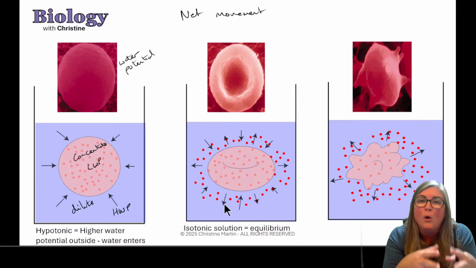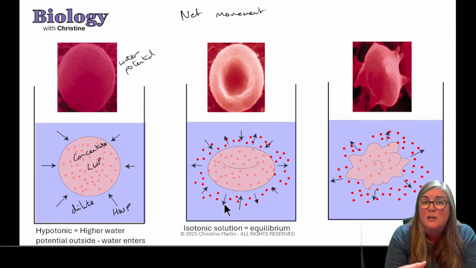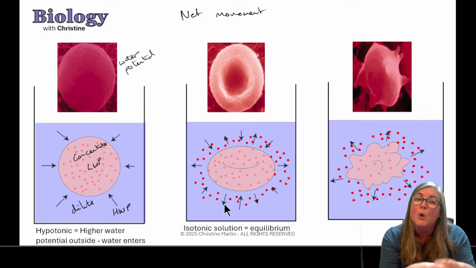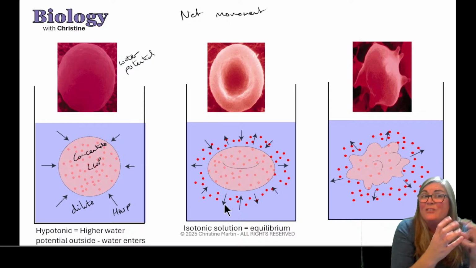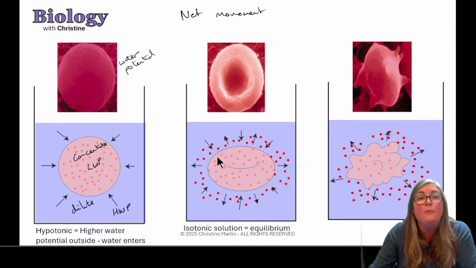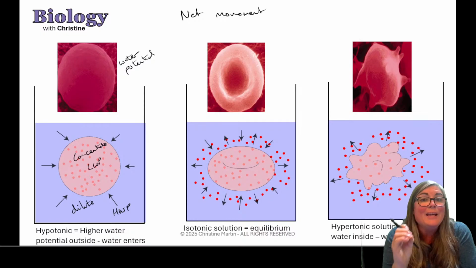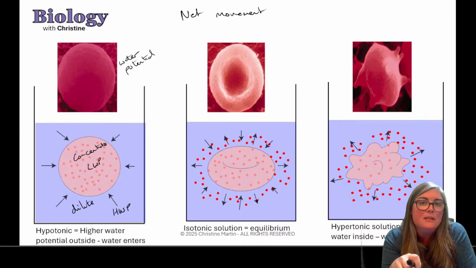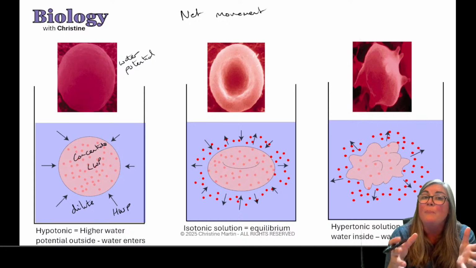Now, for those of you who are already looking at homeostasis, this is really important for us to understand. If we are not maintaining our water concentration in our bloodstream, what will then result is our cells getting too big and bursting. Or if we look at it on the other side of things, if we have a solution where there is less water on the outside than what's in the inside of the cell, the water will leave by osmosis.